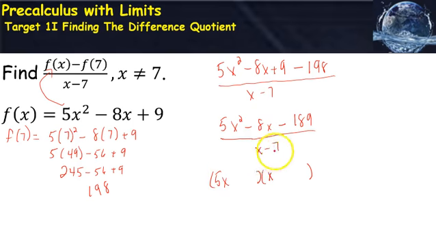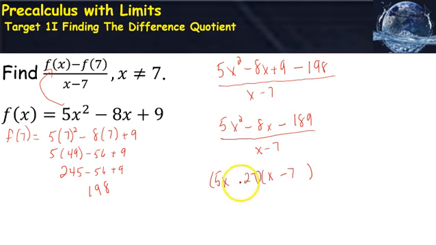But I'd really like for this one right here to be x minus 7, so let's just see if that works. I'm going to put the x minus 7 in there, and then I'm going to do 189 divided by 7. If this works, then 189 divided by 7 is going to go evenly. And it sure does. It goes in 27 times. So this has to be a 27.